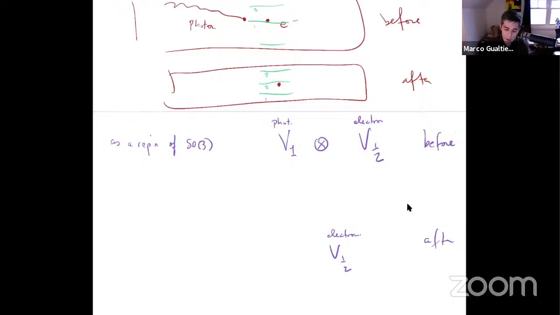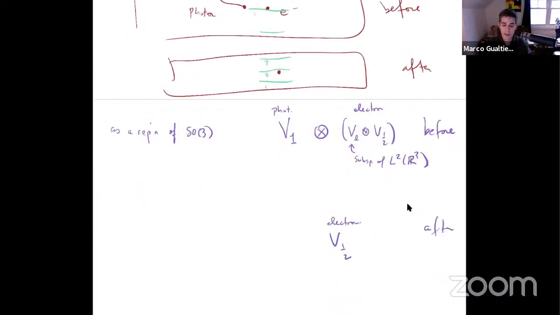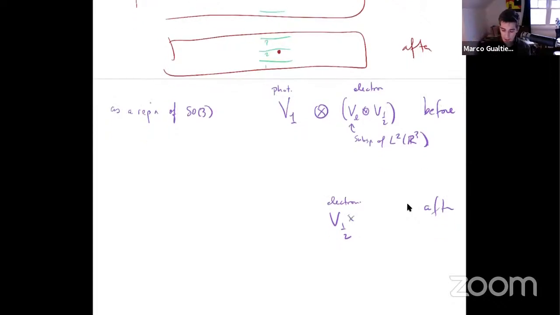So actually the electron is not in V1/2, but it's in VL tensor V1/2 for one of my VL states, one of my angular momentum states. This is a subspace of L2(R3), and this is the internal spin. So I'm assuming that the electron in our system is in a particular angular momentum state.